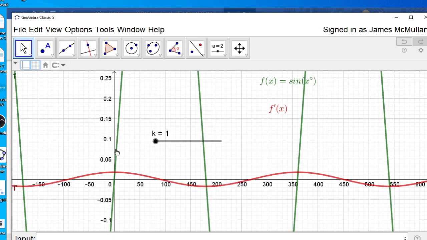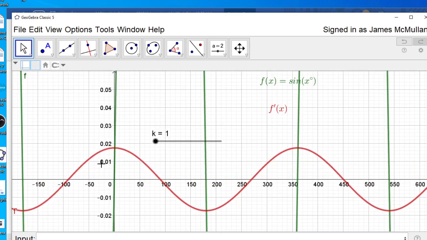The amplitude is some very small number down here, 0.016 or something like that. So you need some kind of correction. So we could say the derivative of sine is cos times a correction factor.